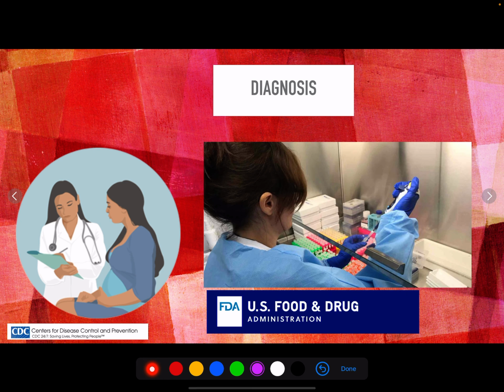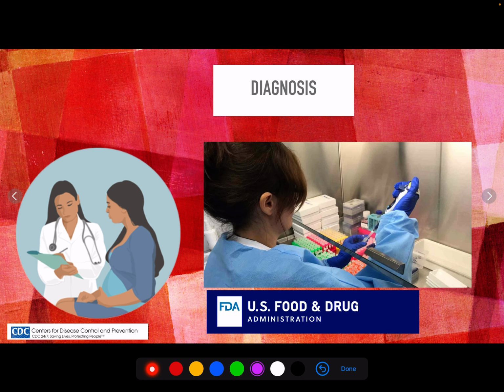So for diagnosis, the best thing to do is to go to a healthcare provider. One thing you do have to let them know is if you've traveled, where you have traveled, and any contact you've had with people. From there, they're going to do a blood test and a urine test, and see if there's a molecular presence of the virus.